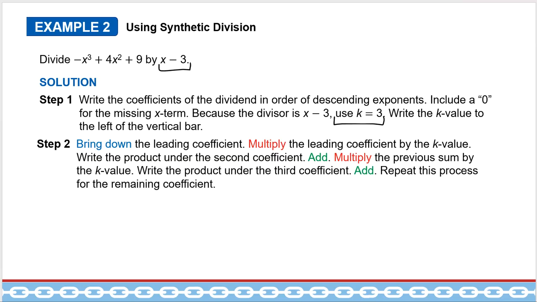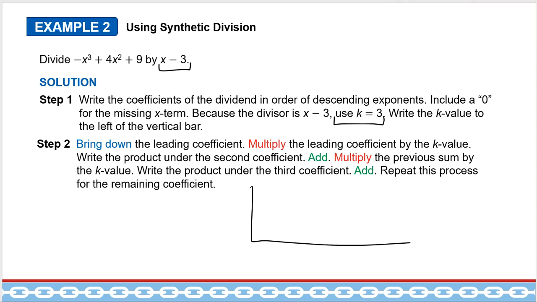So let's try to squeeze this problem in on this slide. It's going to be a little tricky, but I'm going to do my best. So we're going to put a kind of an upside down division sign.